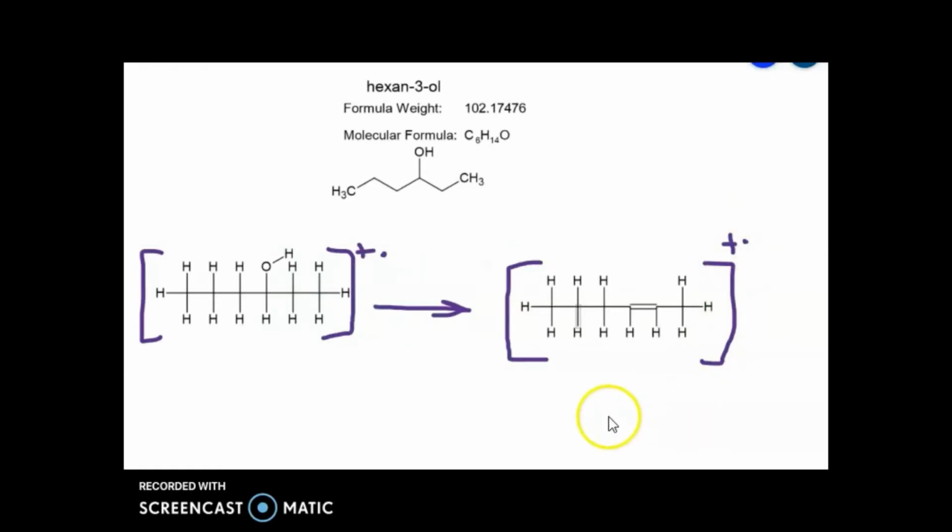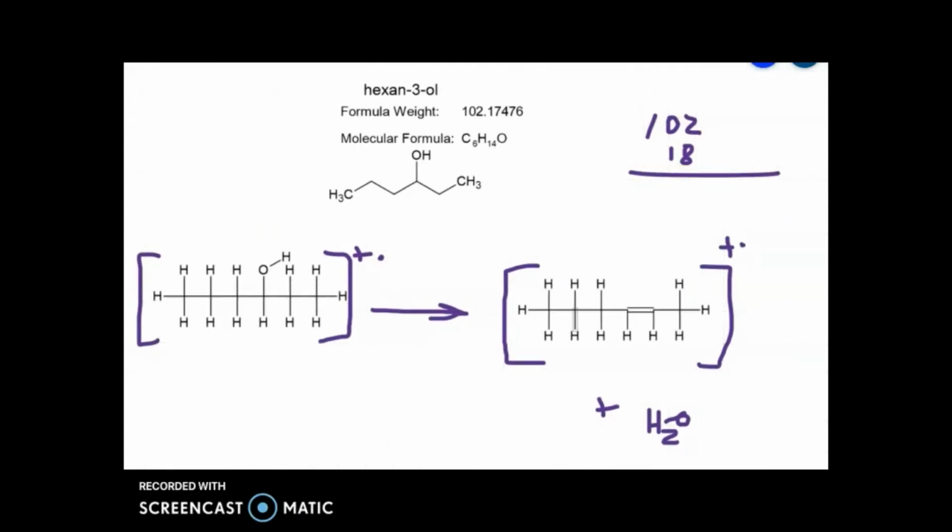And this fragment will be detected, and the loss will be seen as 18, but there'll be no 18 peak because this is a neutral molecule. And our initial molecular weight was 102. So 102 minus the 18 is going to give us 84.